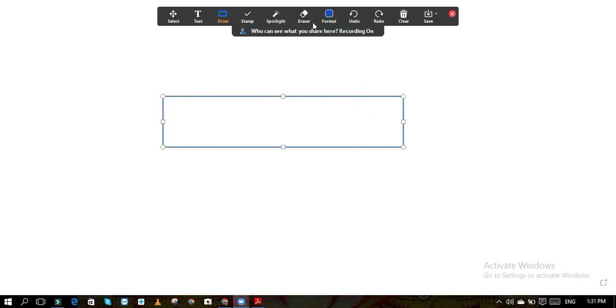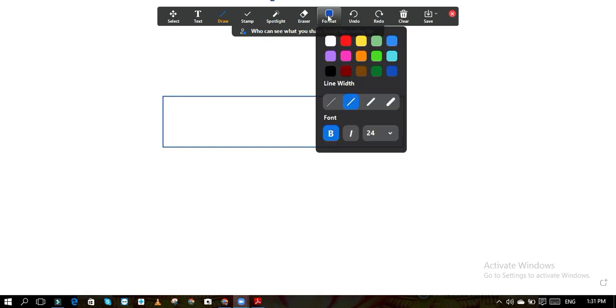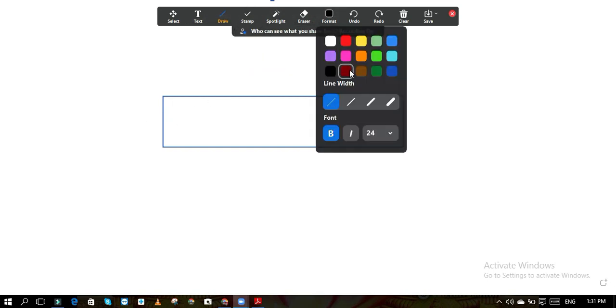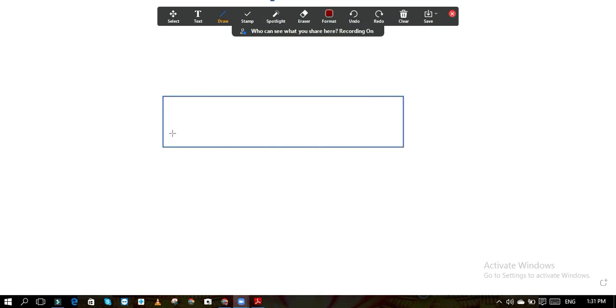I will draw the axis first. This is the neutral axis, at the center. Now I will draw the reinforcing bars. Suppose the reinforcement is provided here. This is the reinforcement.